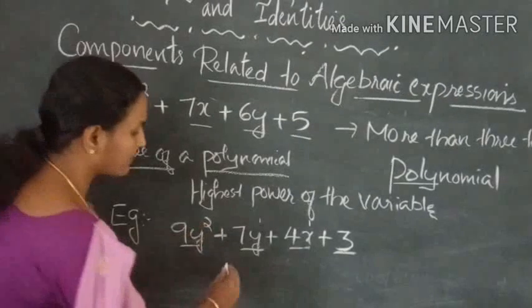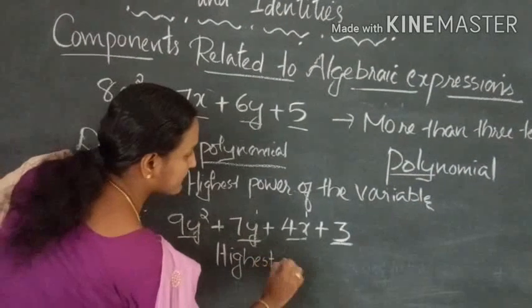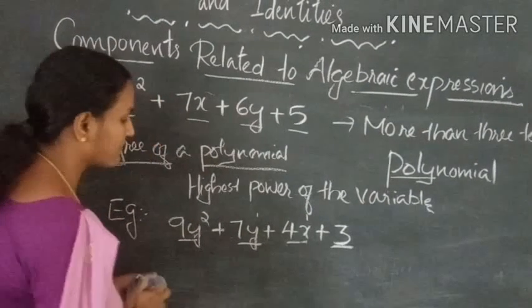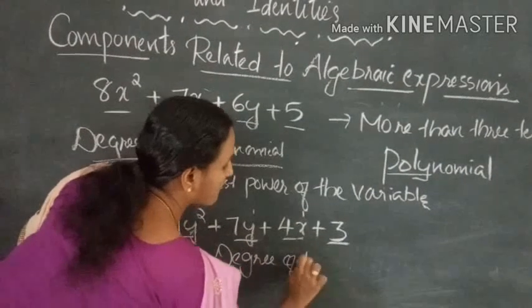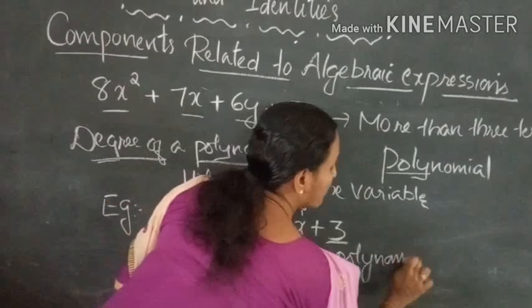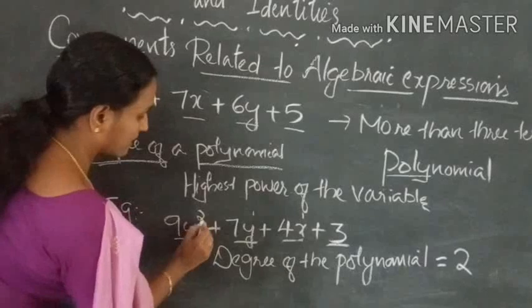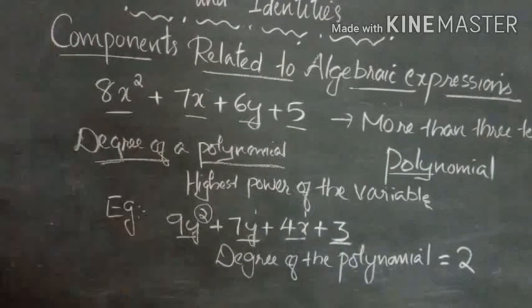So the degree of the polynomial is equal to 2. Here 2 is the degree of the polynomial.